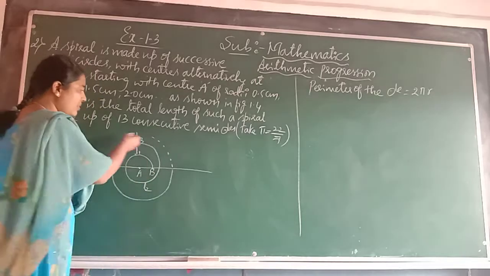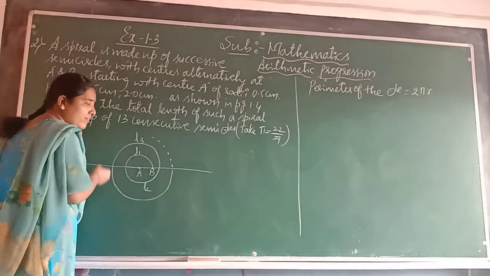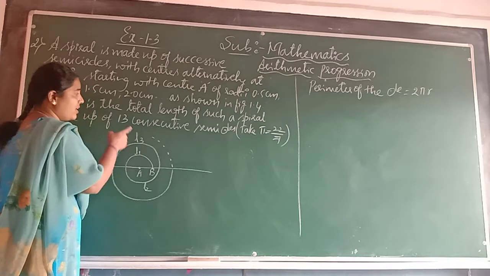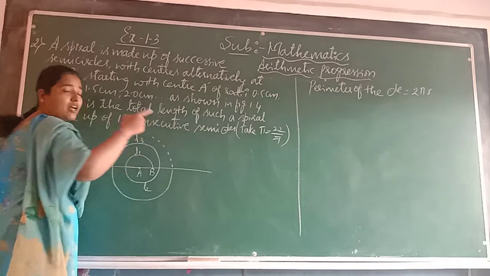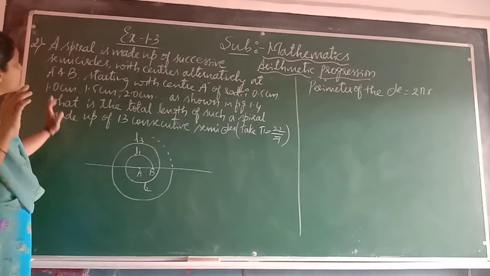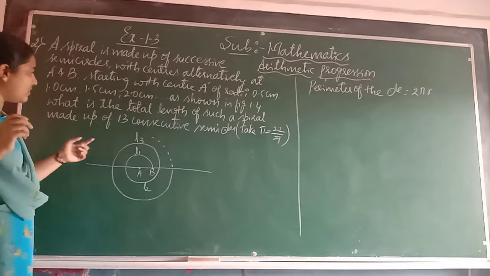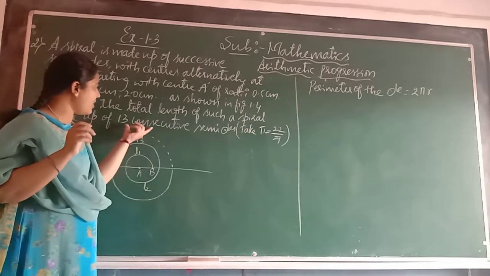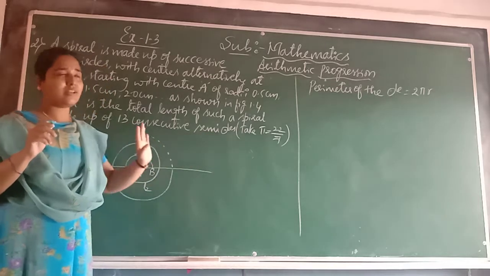A spiral I am bending in a semicircle shape. If I bend this one, 13 consecutive semicircles, how much length is required? How much length of wire is required to turn 13 semicircles?